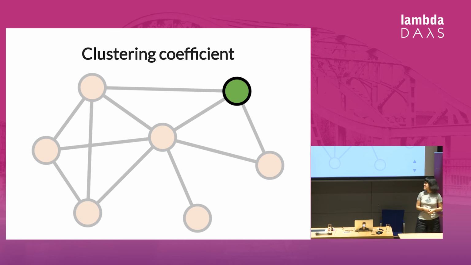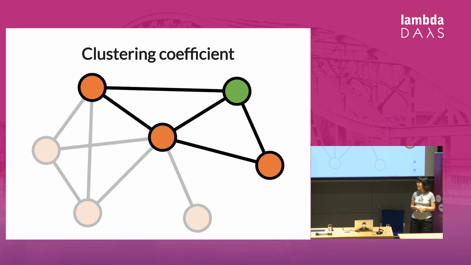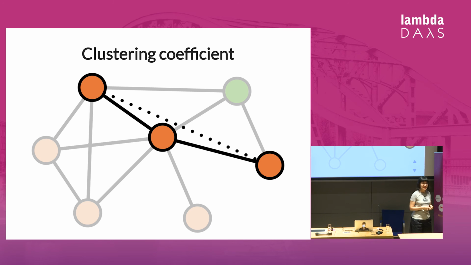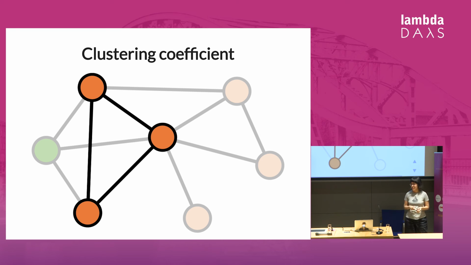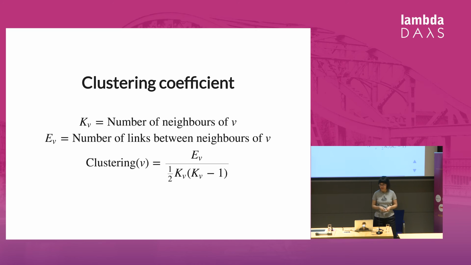So in terms of this network, if you look at this guy, he has 3 neighbors, and only 2 of them know each other, and this link is missing. And if you look at this guy, he has again 3 neighbors, but they all know each other. This is again how you compute it in terms of the equation. So it's just the average number of links between neighbors, whereas the maximum number of links between neighbors there can be.